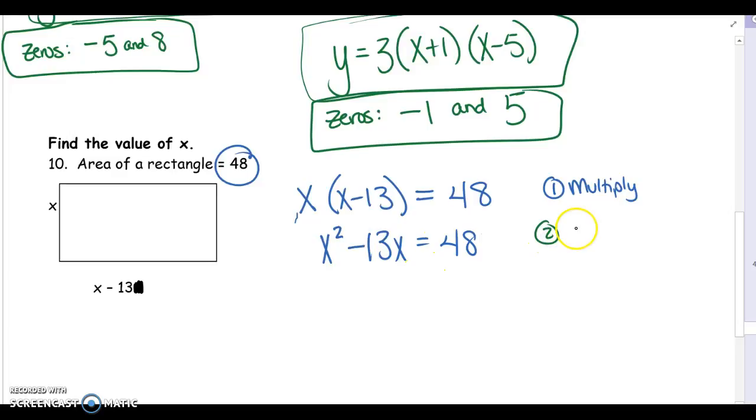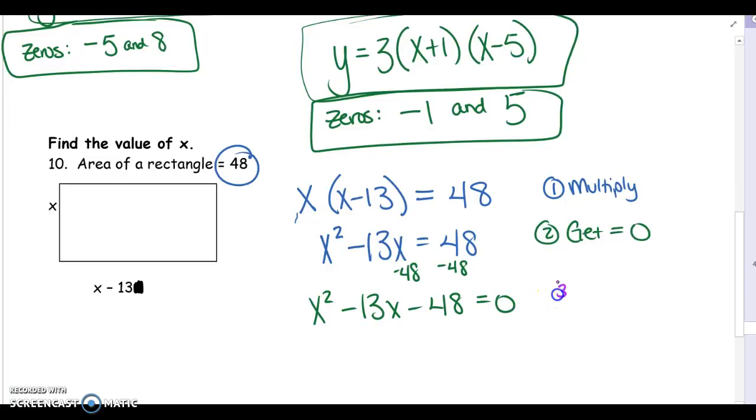Your next step is to get one side equal to 0. What should we do to make this be equal 0? Subtract 48 on both sides. So we have x squared minus 13x minus 48 equals 0.